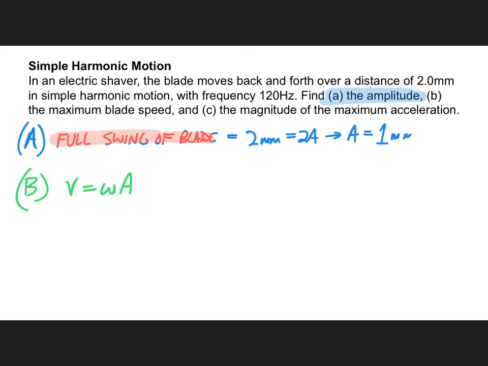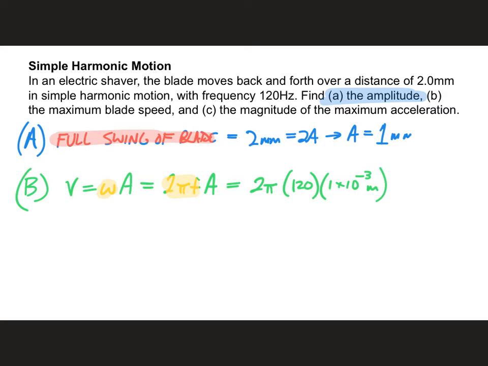And so V equals that, and then omega is 2 pi f for frequency. Omega and 2 pi f, those are the same thing. So 2 pi times the frequency of 120 hertz times 1 times 10 to the minus 3 meters.